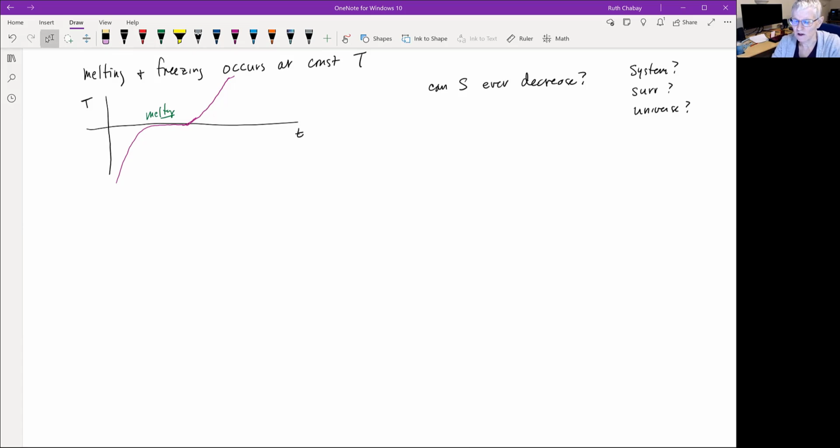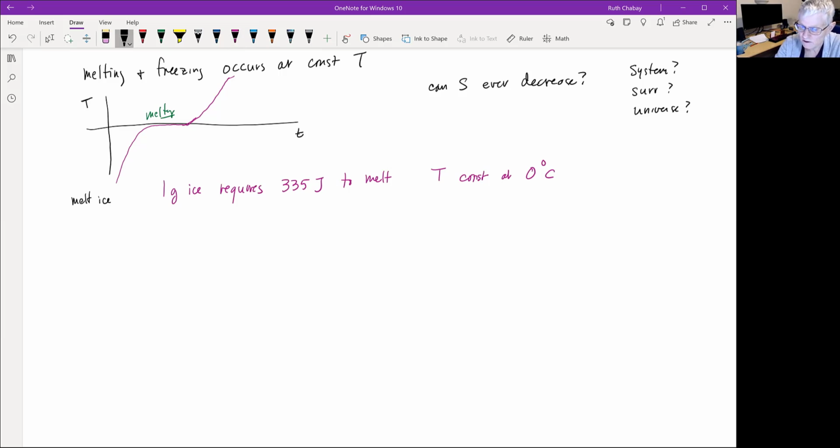So let's melt ice. 1 gram of ice requires 335 joules to melt. And the temperature is constant at 0 Celsius, or 273 Kelvin, while it's melting.